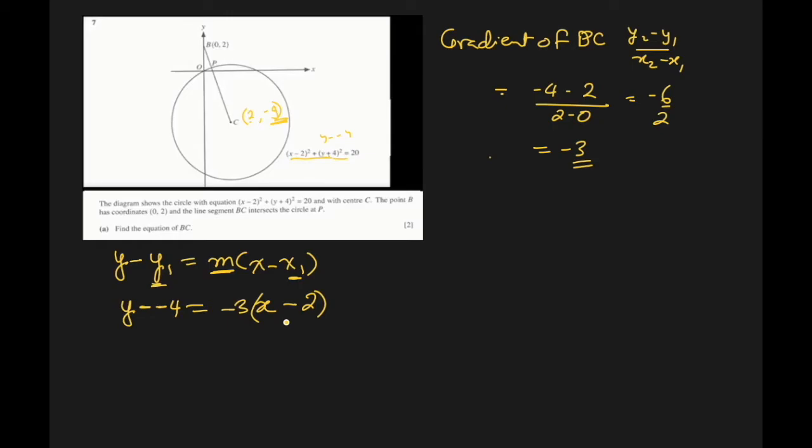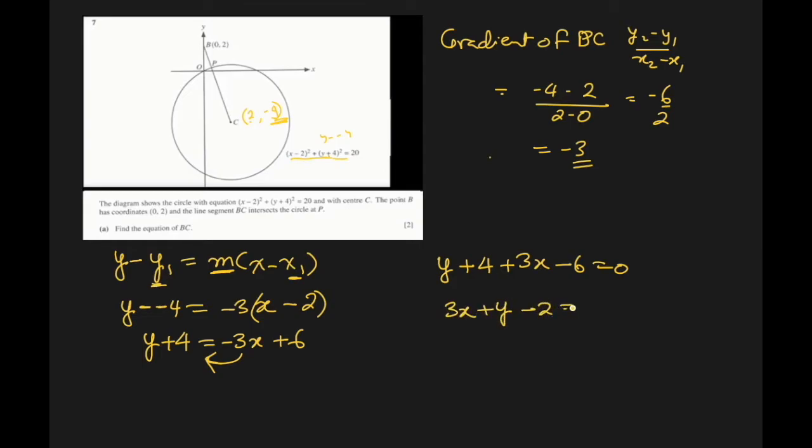So we get y plus 4 equals negative 3x plus 6. Let's bring these to the left side, and what do we get? y plus 4 plus 3x minus 6 equals 0. So it will be 3x plus y minus 2 equals 0. This is the equation of the line BC.